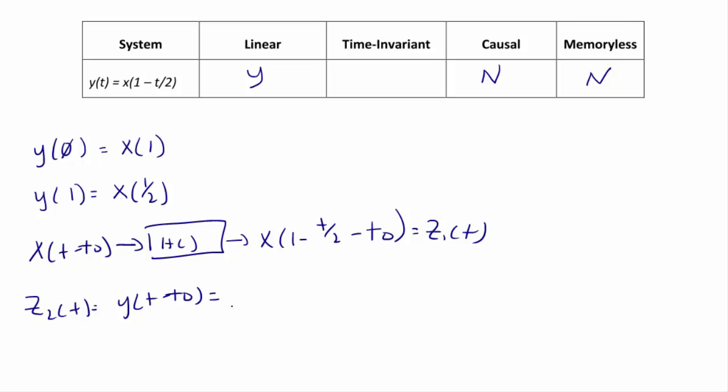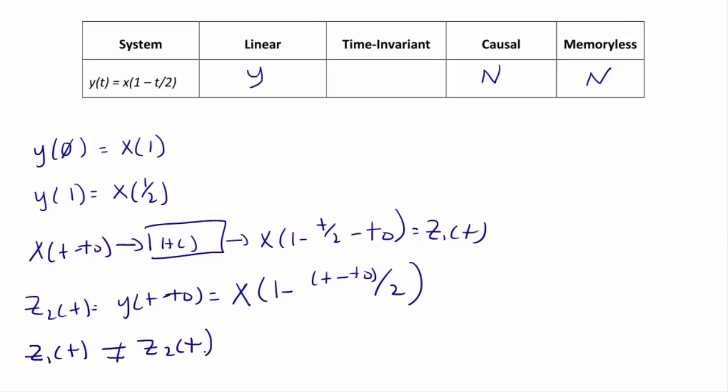So now if I take the output due to x of t and delay it, I'm going to replace every t with t minus t naught, so I'm going to have x of 1 minus the quantity t minus t naught over 2. And you can quickly see that z1 of t is not equal to z2 of t. So this is not time invariant.